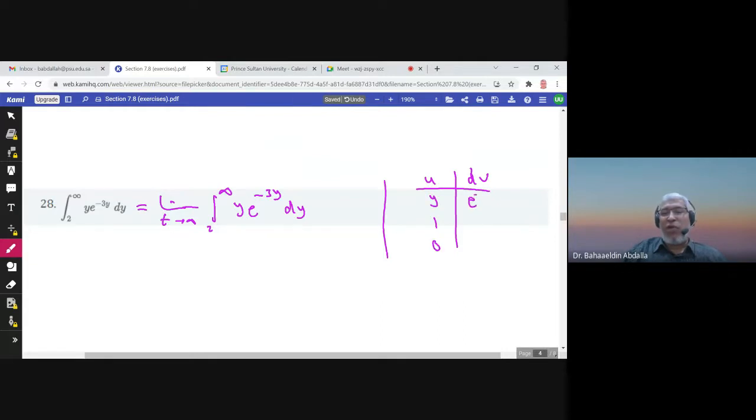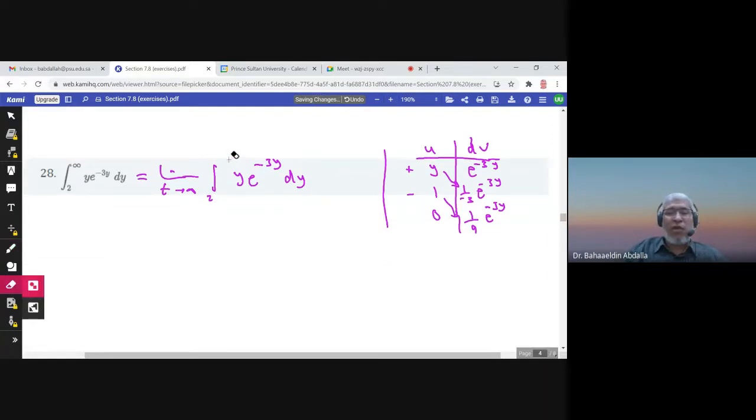E to the power negative 3y is dv. The integral is e to the power negative 3y over negative 3. And the integral again is e to the power negative 3y over 9. Negative 3 times negative 3 would be 9. Then I multiply this times this and this times this.